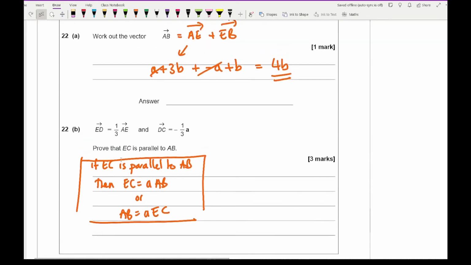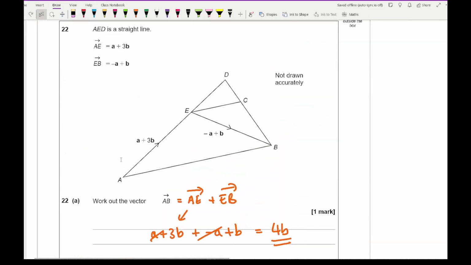So going back to the diagram, let me just write down that key bit of information that we can't see. So I know that ED is equal to 1/3 of AE, and I know that DC is equal to minus 1/3 a.